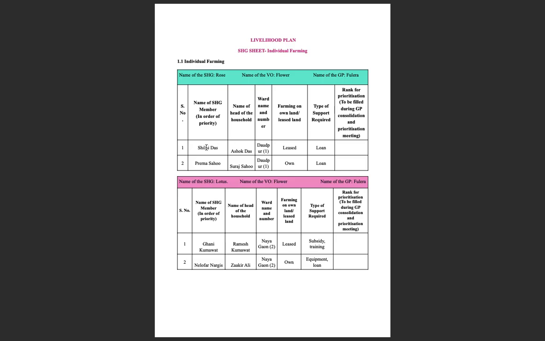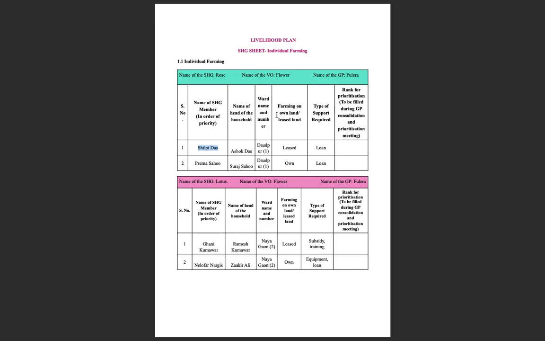So name of SHG member, here the name of the SHG member will come who wants to take up some individual farming. So in rows SHG, Shilpi Das wants to take up individual farming, and head of the household is Ashok Das, which can be her husband or father. The ward name and number has to be the ward name and number of the SHG member who wants to do individual farming.